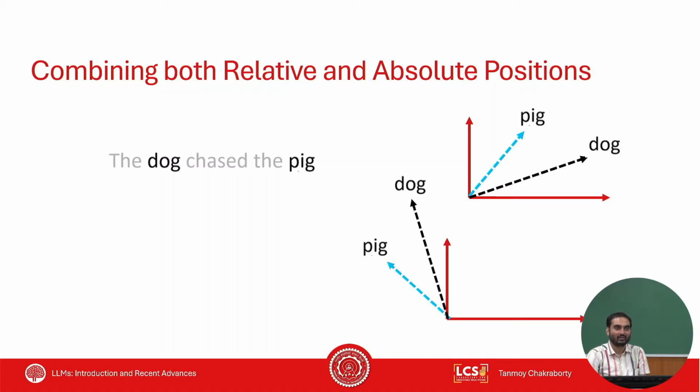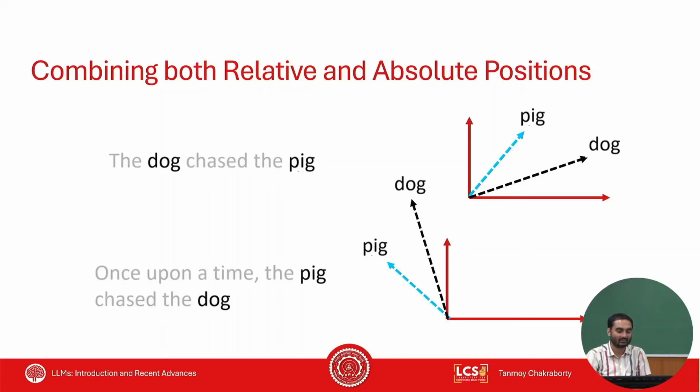Okay. If the absolute position of these two vectors will change, keeping the relative position the same, these two embeddings will just rotate. Let's say this is the sentence, but the absolute position of pig and dog is different from the previous one, right? But the relative position is still the same.